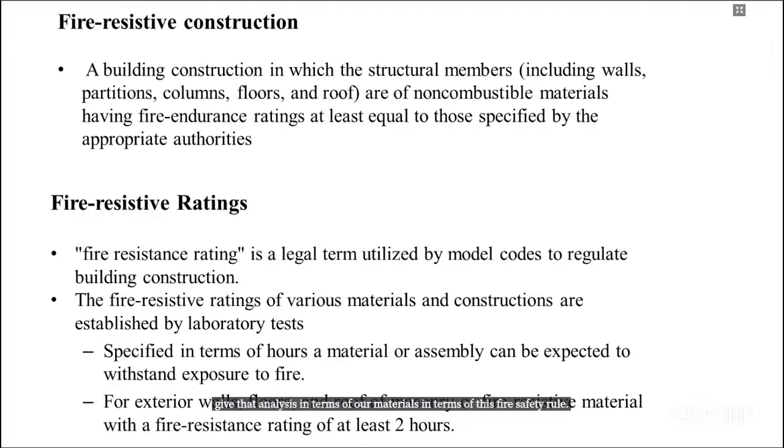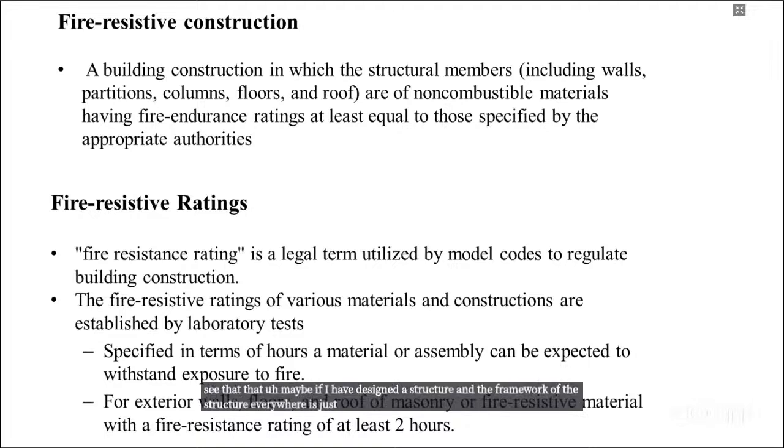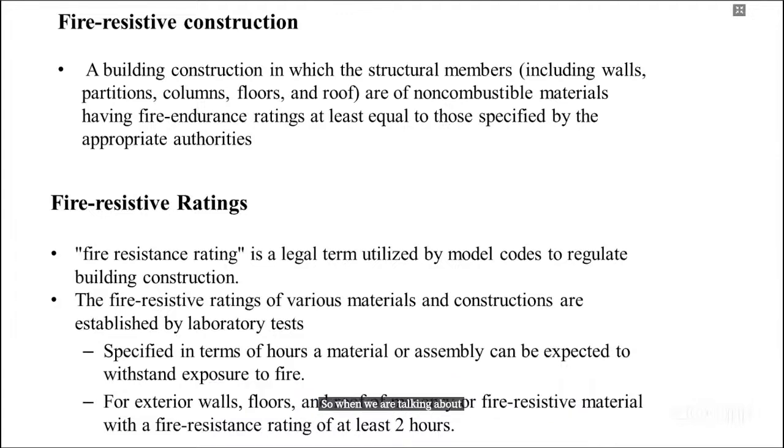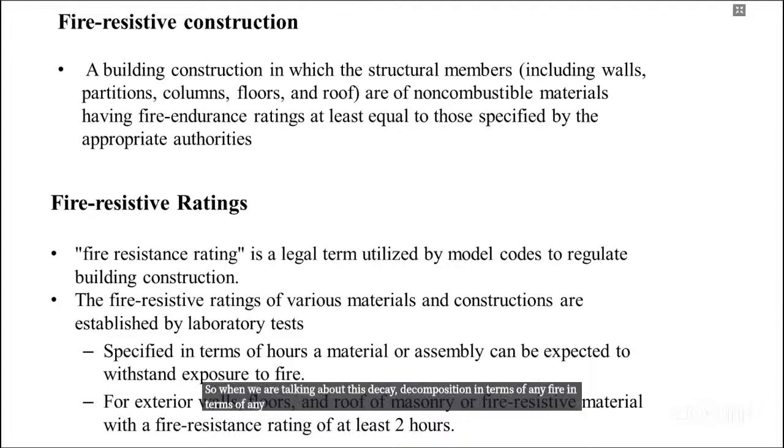Maybe if I have designed a structure and the framework of the structure everywhere is just wood or maybe aluminium, then there are two different types of life cycle analysis: life cycle analysis in terms of decay and decomposition, and life cycle analysis of cost benefits also. So when we are talking about this decay and decomposition in terms of any fire, in terms of aging, in terms of many more things, many components are there.